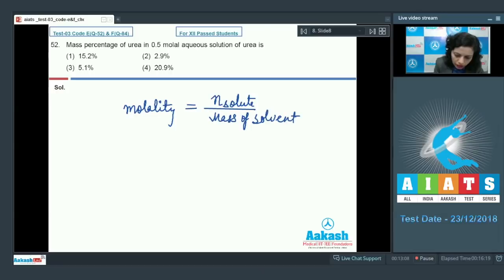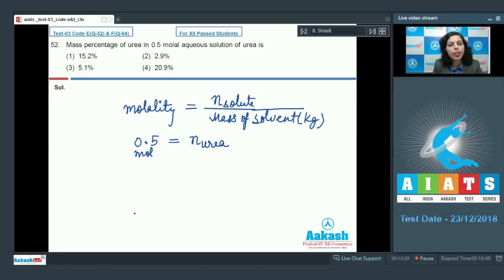What is the solvent here? That is water, and it should be taken in kg. Now, molality is 0.5 molar. And let's assume that the mass you are taking here is 1 kg. So, the moles of urea would be 0.5 mole. So, these are the moles here.